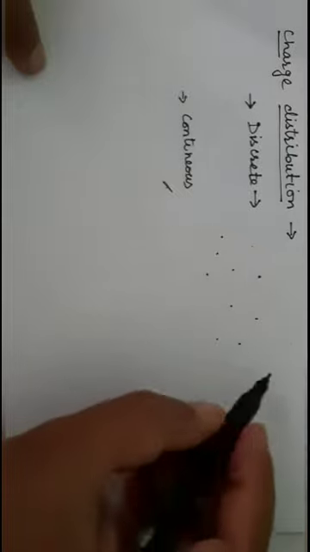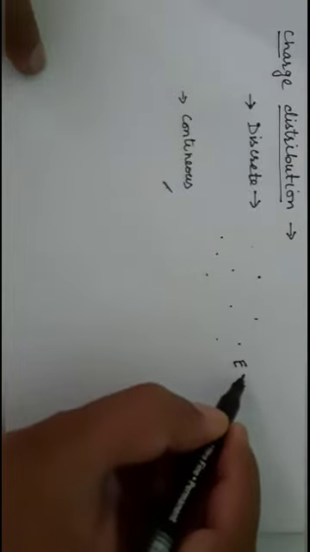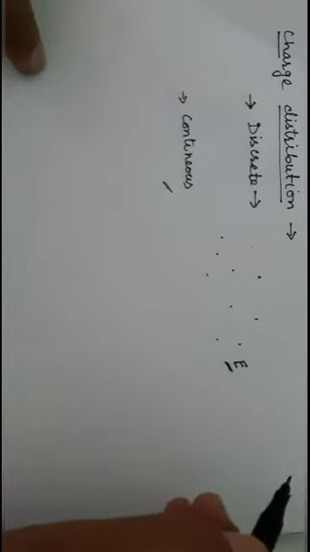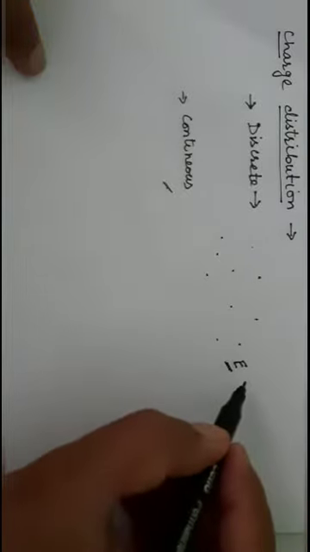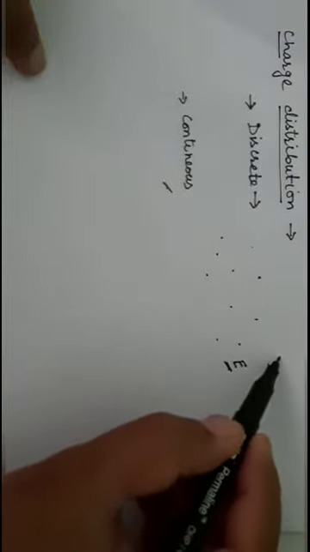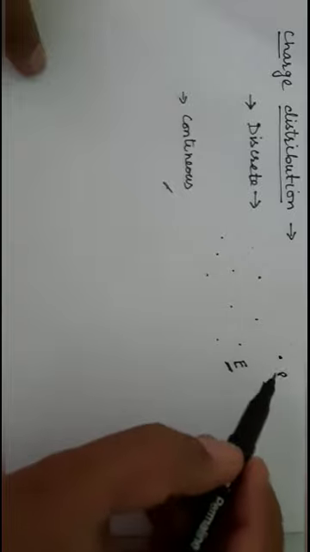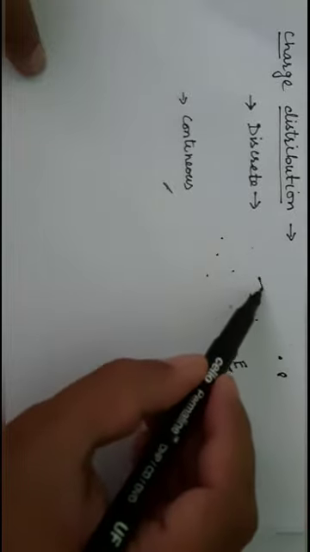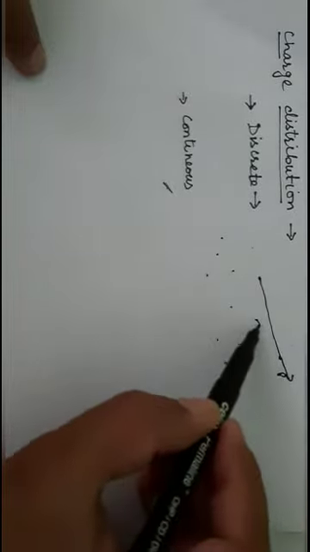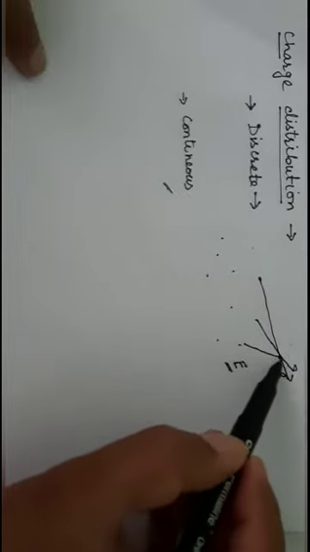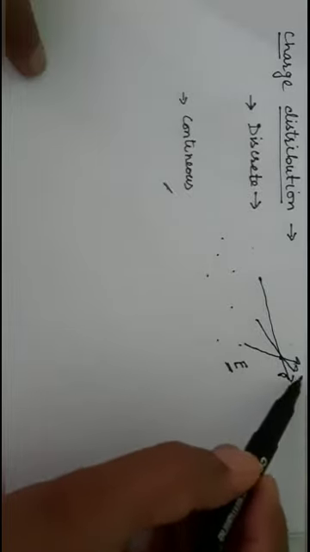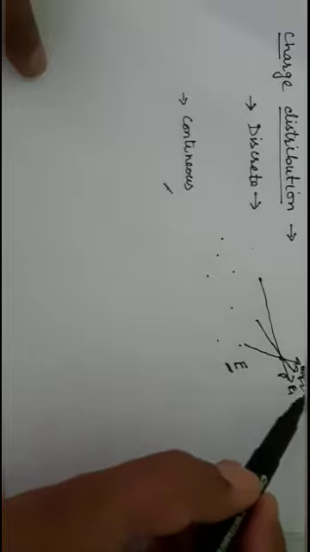Calculating the electric field for a discrete charge distribution is easier, as the electric field at any point P will be equal to the vector sum of the individual electric fields, that is E1, E2 and E3.